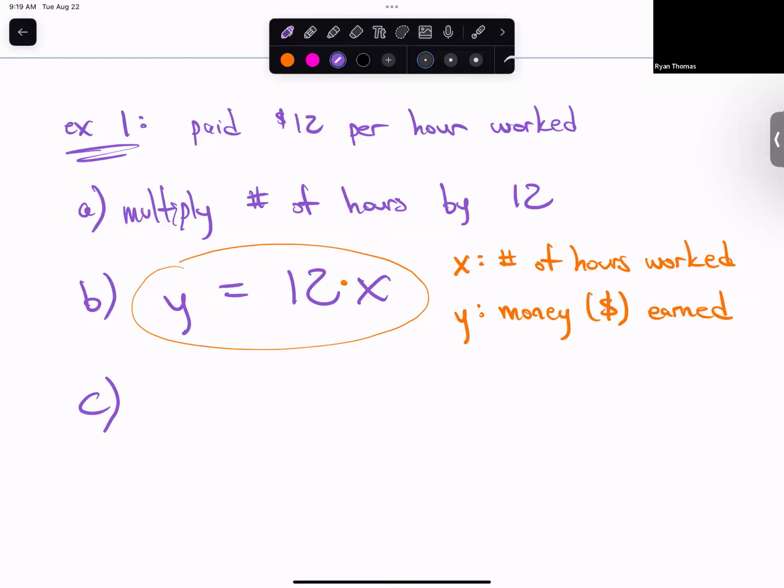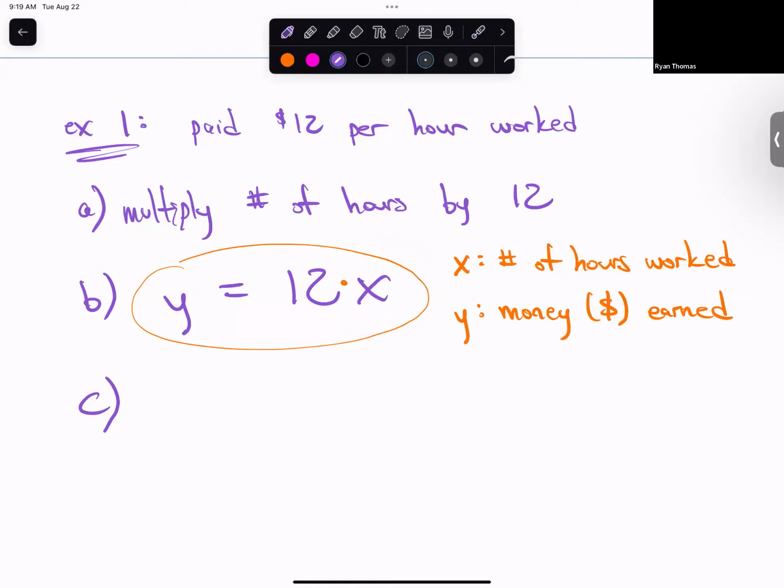How much would you get paid for working 25 hours? What do we need to do? 12 times 25, right? I'm giving you an X value, or T, or whatever you chose to label it. I'm giving you a value for this thing, and I'm asking you to figure out what happens for that specific one.